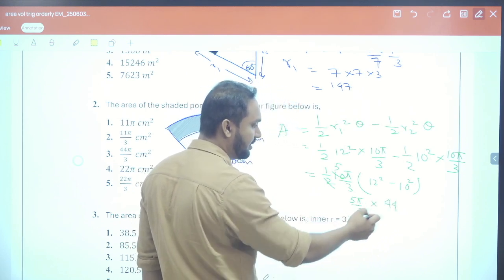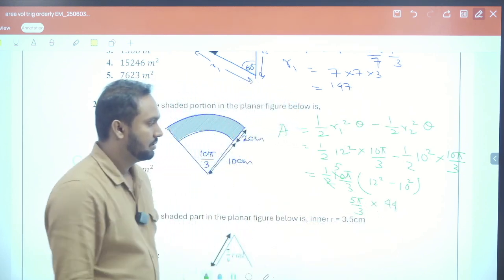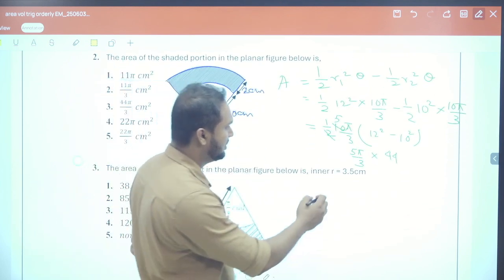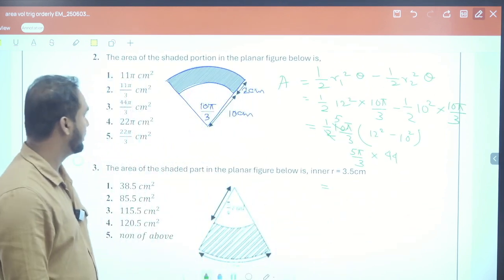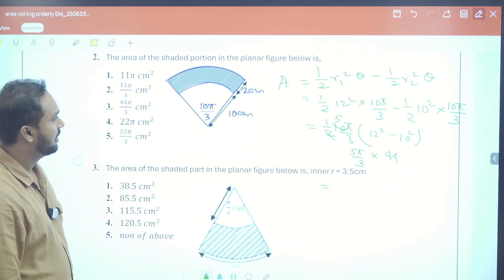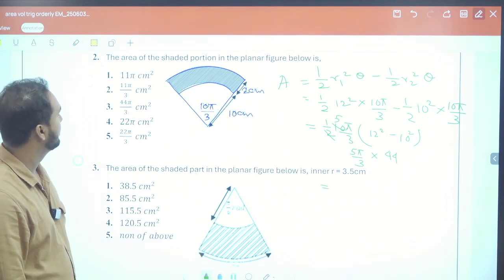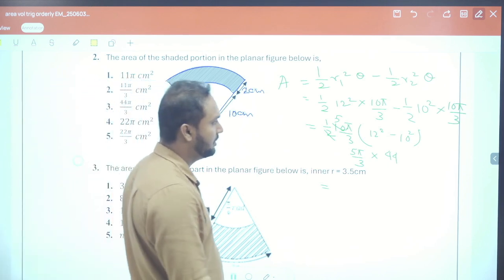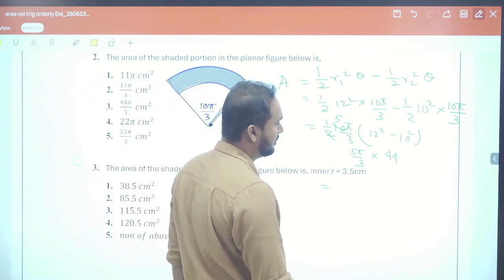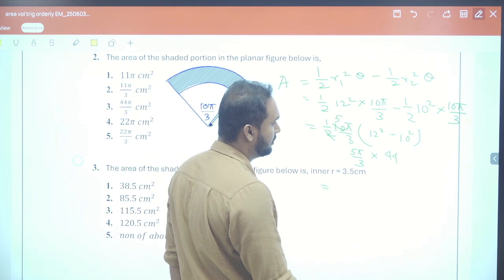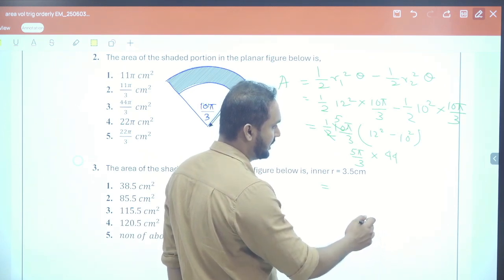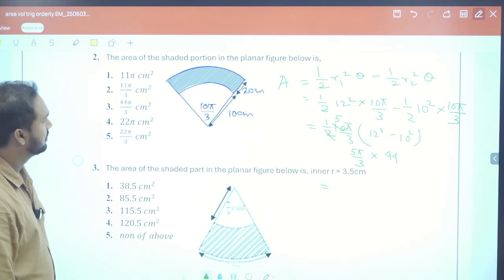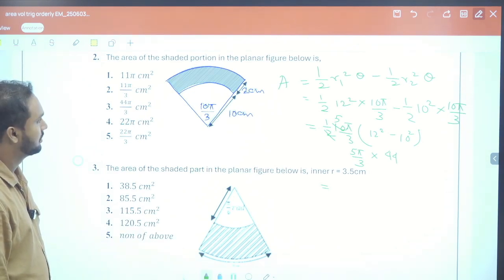This doesn't simplify, right? No. So 22 over 7. Oh, this is easy now. We can't simplify the 5 value, right? So the final answer should be 5 into 44 over 3, right? So the decimal is going to come as 73.33.